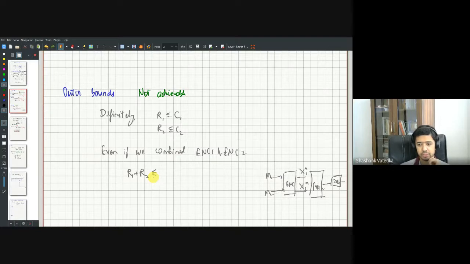Can you say something in terms of the mutual information involving X1, X2, and Y? Did you use the point-to-point channel coding theorem in some way?